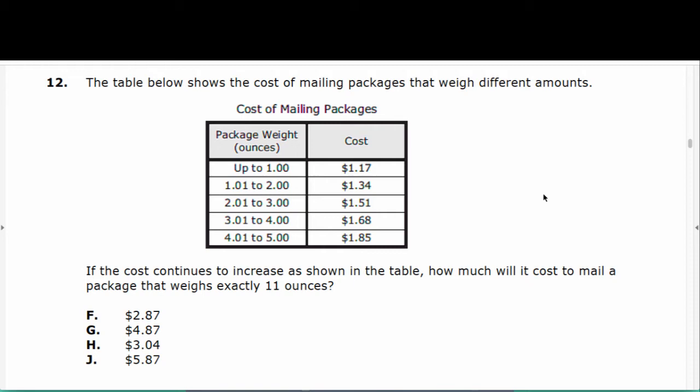If the cost continues to increase as shown in the table, how much will it cost to mail a package that weighs exactly 11 ounces? F. $2.87, G. $4.87, H. $3.04, J. $5.87.